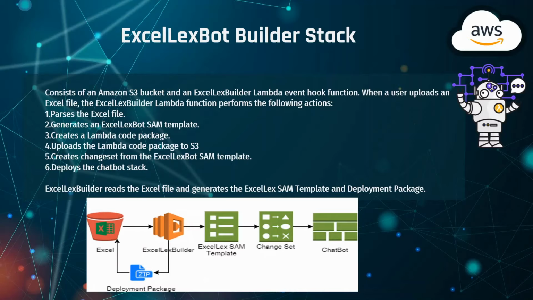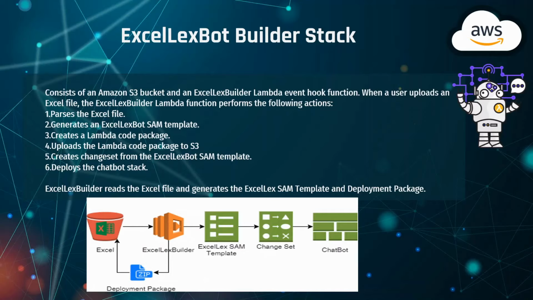When a user uploads an Excel file, the Excel Lex Builder Lambda function performs the following actions: parse the Excel file, then generate the Excel Lex Bot SAM template, create a Lambda code package, upload the Lambda code package to S3, create the change sets from the Excel Lex Bot SAM template, and deploy the chatbot stack.